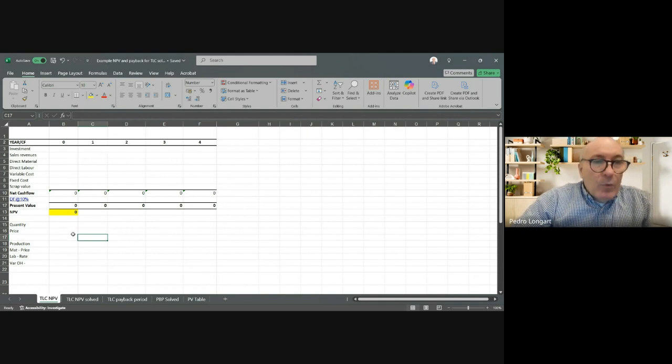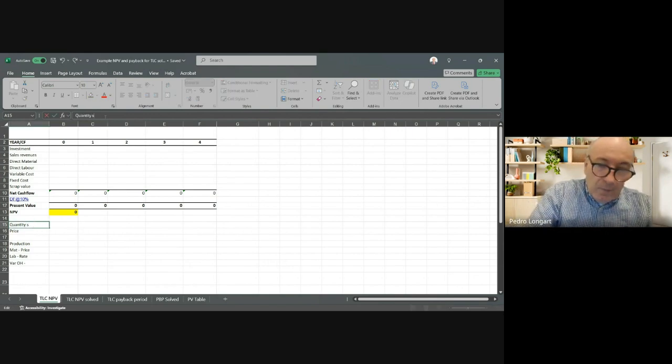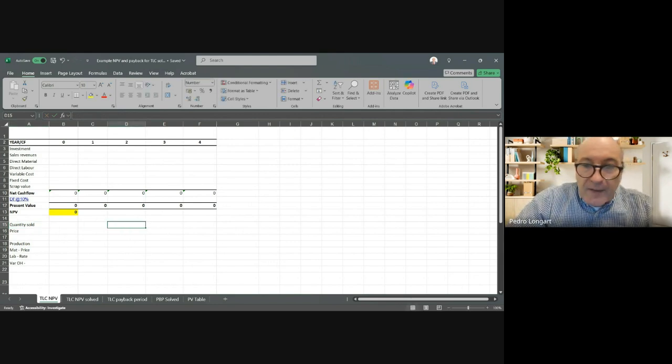The first thing is to put the quantity that I consider will be sold. Those are the things that I need to fill. So what is the quantity sold, and what is the price?